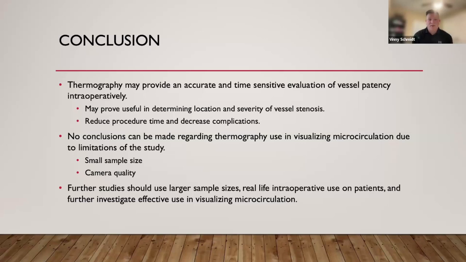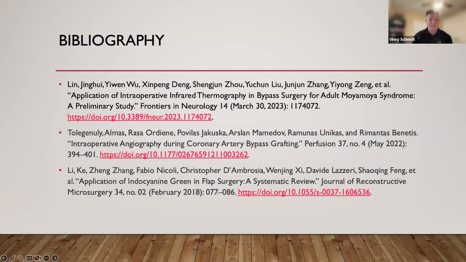In the procedure, they used infrared thermography, just like what I did, and made an anastomosis between the superficial temporal artery, I believe it was, and the middle cerebral artery, so it could bypass some flow and have good blood flow to the brain. The infrared thermography proved very useful in their study in detecting any stenosis and seeing how the anastomosis turned out. I thought that was really cool, being used in high-level surgery like that. And then here are my sources.